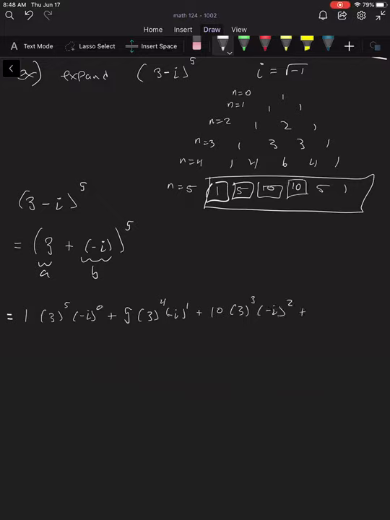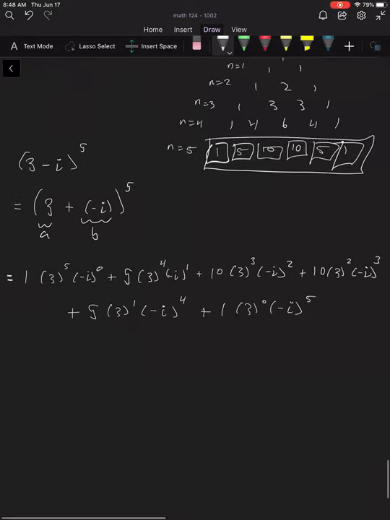Next number is another 10. 3 to the 2, minus i to the 3. The next number is 5. So 3 to the 1, minus i to the 4. And the last number is 1. Then 3 to the 0, minus i to the 5.